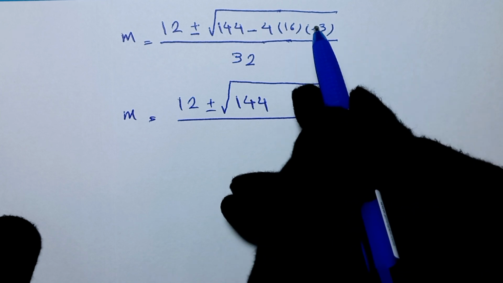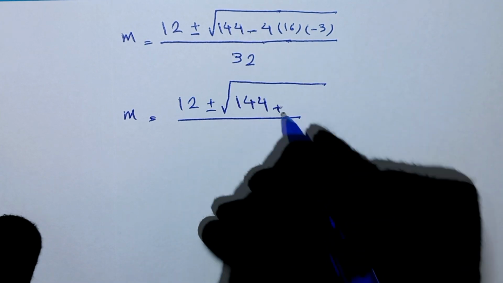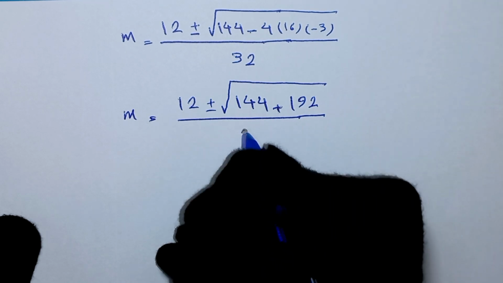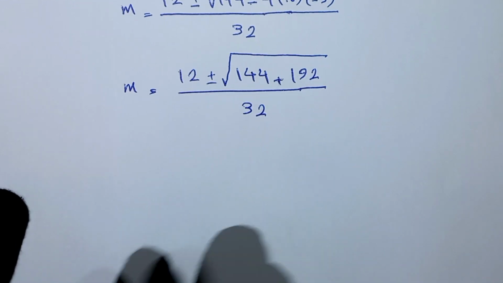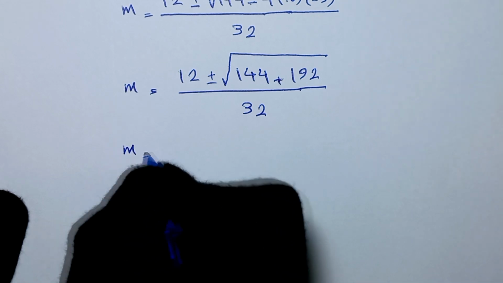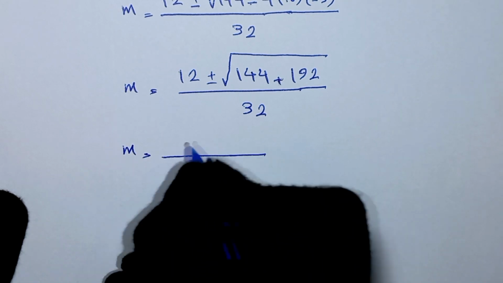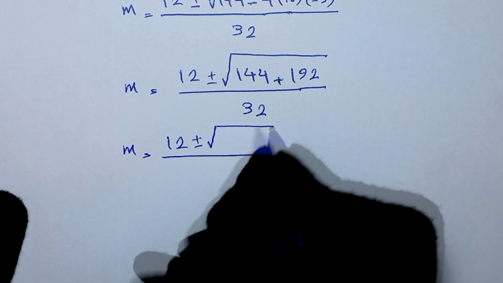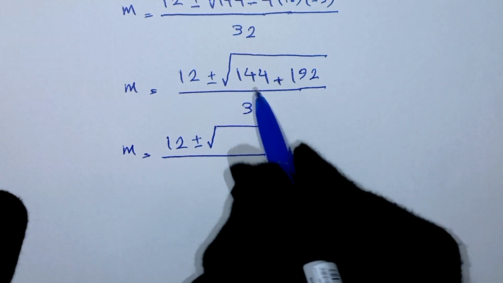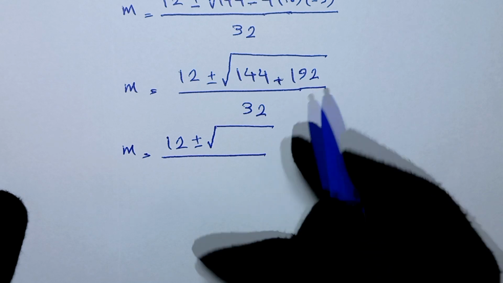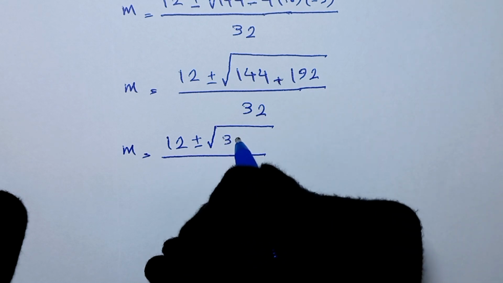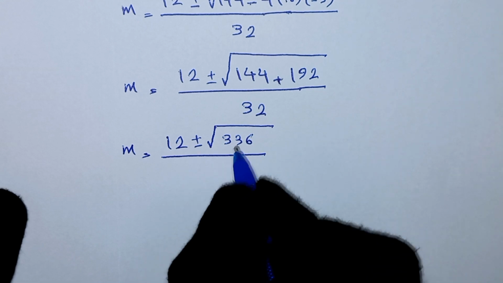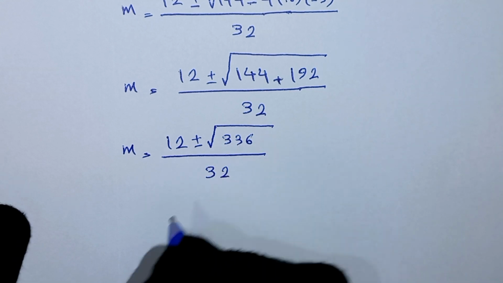And this is a negative 3 and negative, and this negative is positive, so it will be positive 192 over 32, right? And in next step, m is equal to 12 plus or minus square root of 144 plus 192 is 336. Okay, 336 over 32.